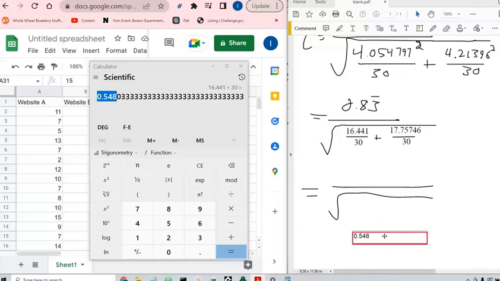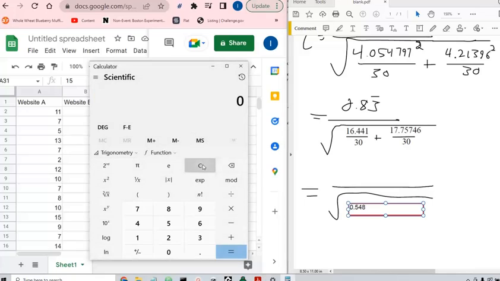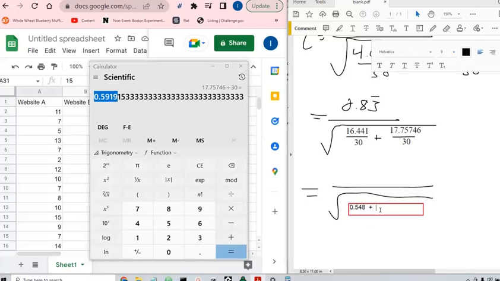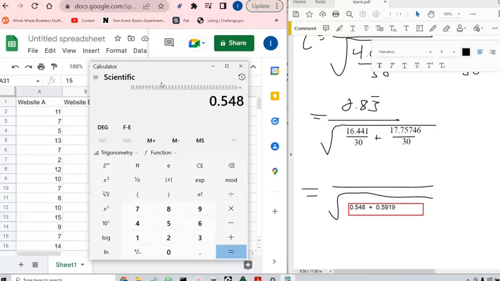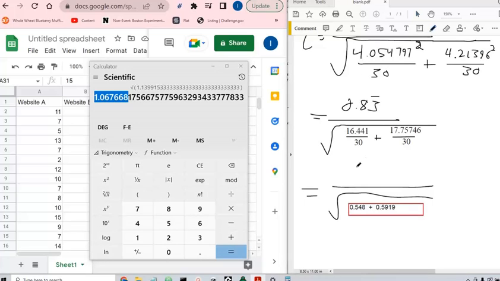And then we got 17.75746 divided by 30, 0.591, and that probably repeats, so we'll stop there. Especially with the square root, you need to carry out some decimals. And then square root the denominator, so we get 1.067668 for the standard error.